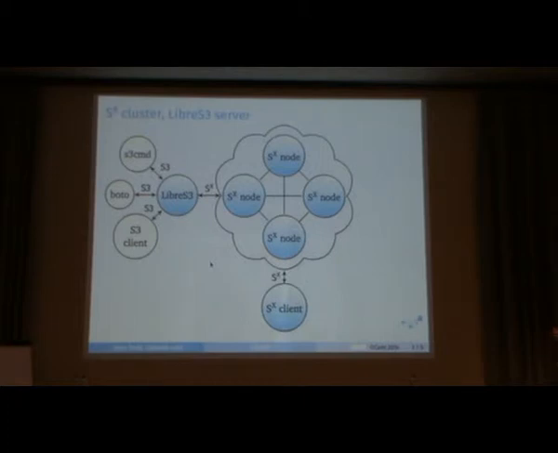And on the other side, we have a cluster built from another open source project called SX, which allows you to run your own private cloud with distributed data storage. So LibreS3 is in fact an application that allows you to move your existing S3 applications from the Amazon Cloud to a private cloud that runs on your own infrastructure.